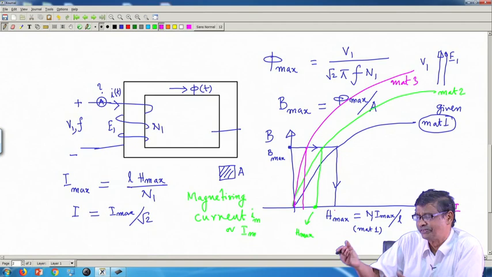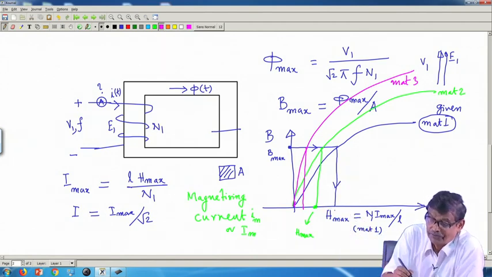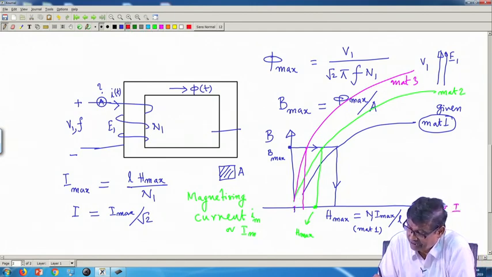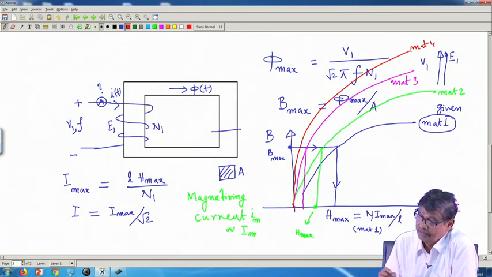Suppose there is no restriction, plenty of better materials are available. Suppose some material is like this, very stiff, material 4. Then the current needed will be only this much.